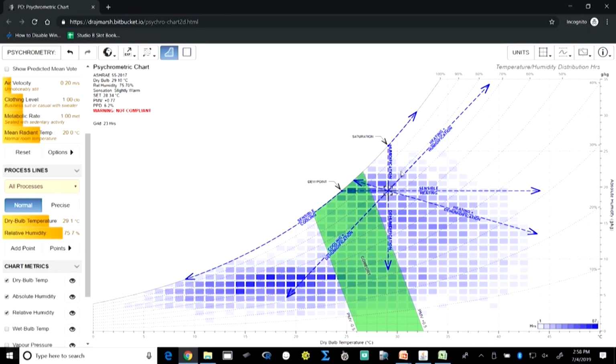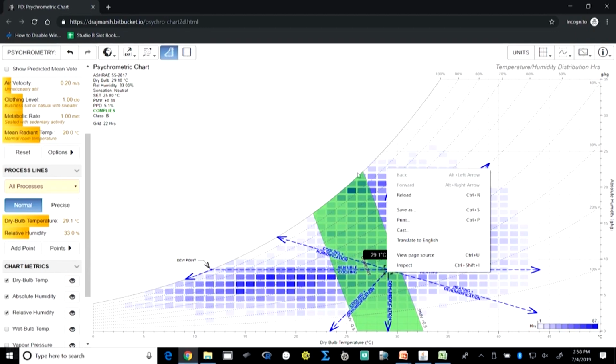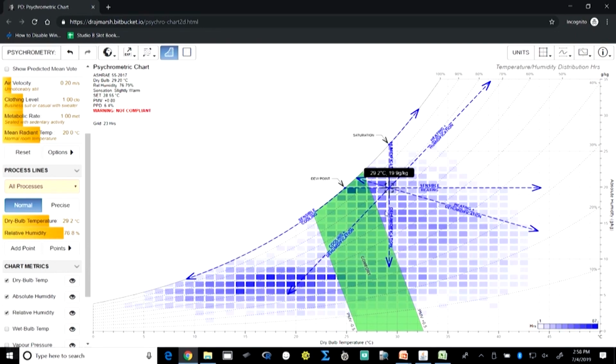This interactive psychrometric chart clearly shows me that if I cool along with dehumidification, I will be able to bring it within the comfort zone, or if I only dehumidify, then also I can bring it down to the comfort zone. If I want to just cool, then also I can bring it down to the comfort zone.